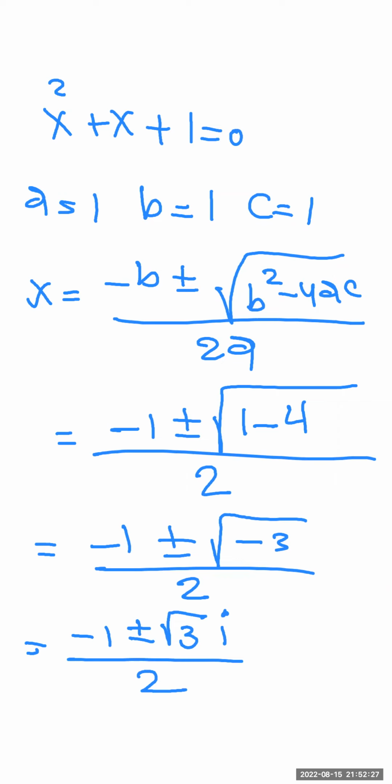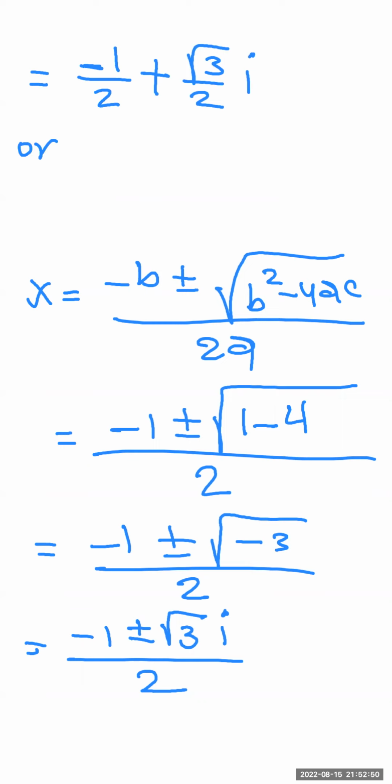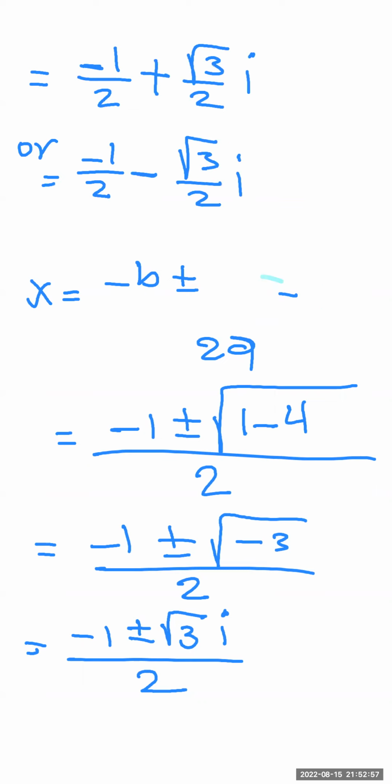Yes, correct. Okay. Now let's continue. I'm going to clear the first part from the board, then continue the solution. Now this will equal negative 1 over 2 plus square root of 3 over 2 i, or it will equal negative 1 over 2 minus square root of 3 over 2 i. Then the solution set equals this one and this one.